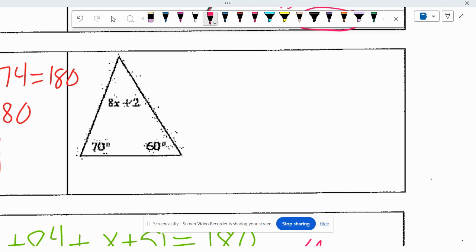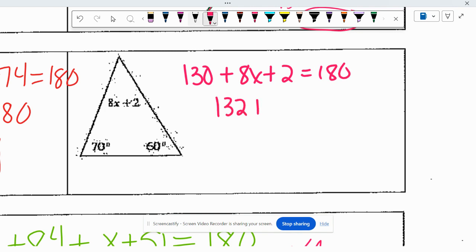My pen stopped working. So I'm going to say 130. That's what 70 plus 60 is. Plus 8x plus 2 equals 180. So I really have 132 plus 8x equals 180. I'm going to subtract 132 from both sides, and what does that give me?